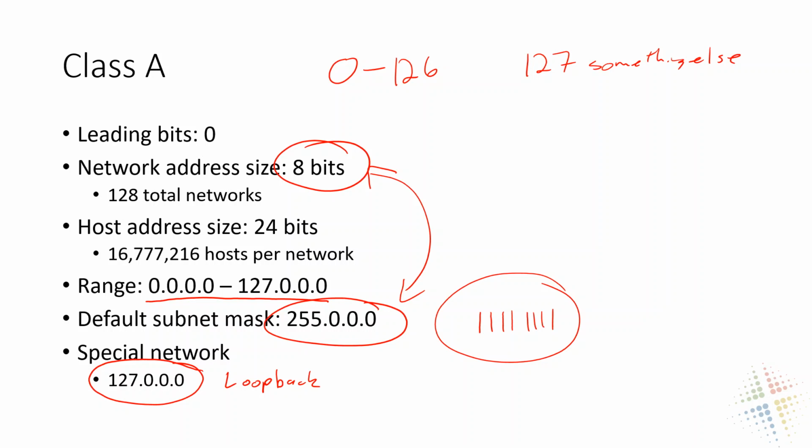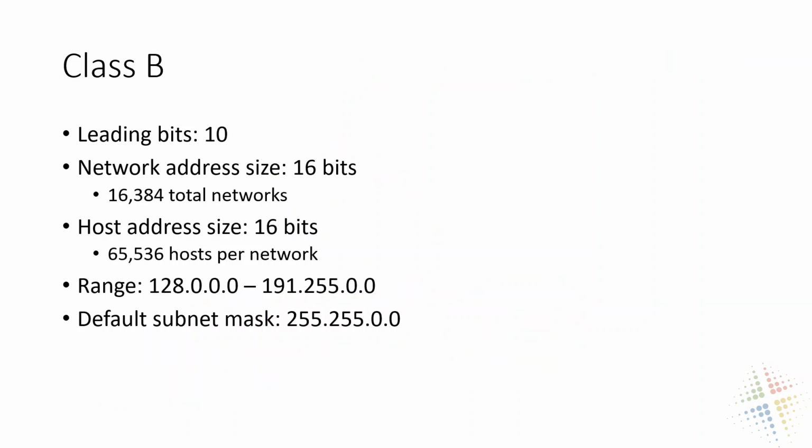So if somebody says one, agree with them, especially if it's a job interview. If somebody says the other, agree with them as well. 127 is a special network, sometimes included, sometimes not included in the Class A range.